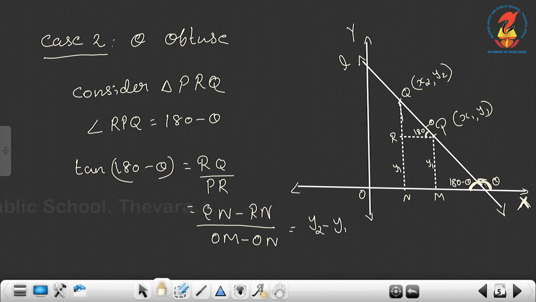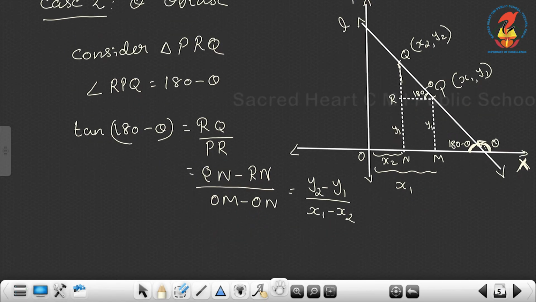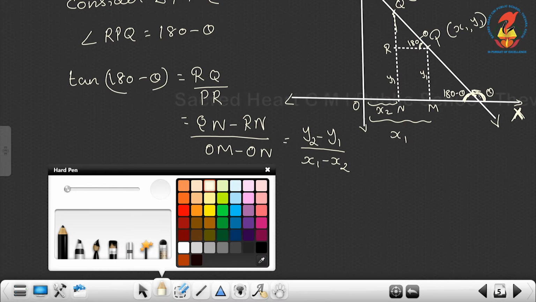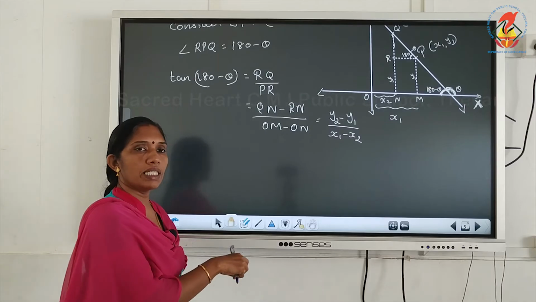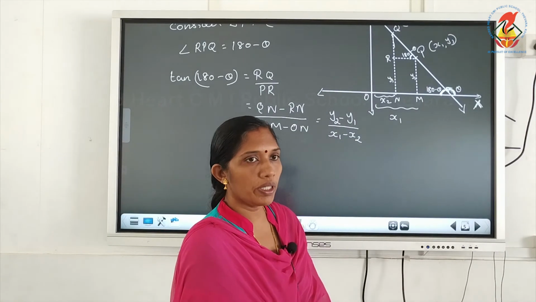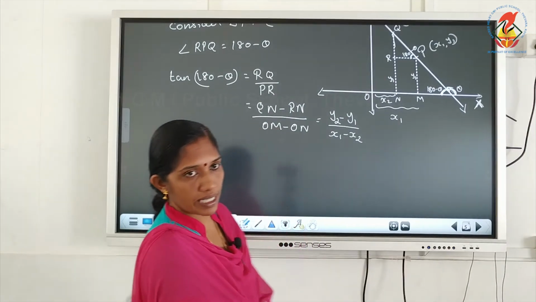So y2 minus y1 by, what about OM? O to M. Look, P's x coordinate is x1 and ON is the x coordinate x2. So x1 minus x2, isn't it? Now the left hand side, tan of 180 minus theta. 180 minus theta is in the second quadrant, so the tan value is negative.